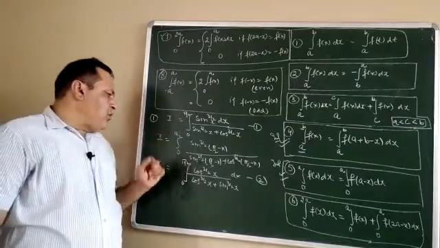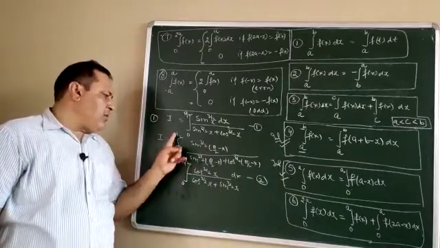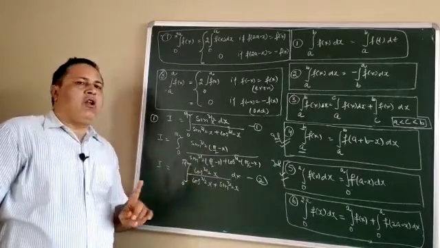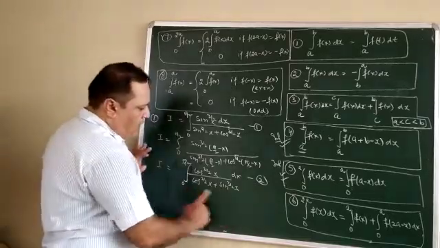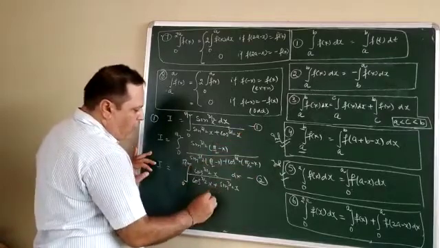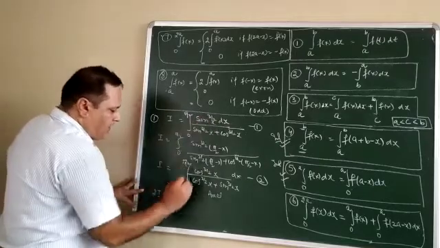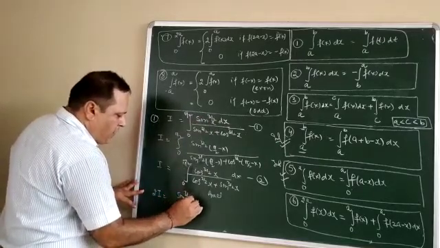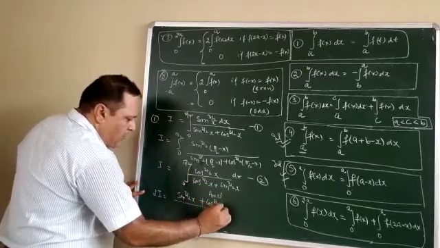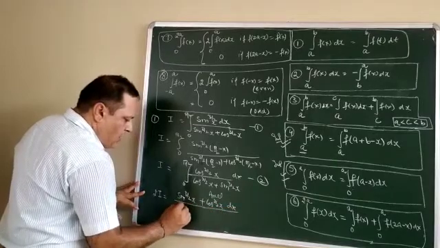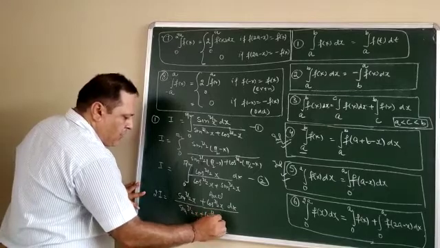Whenever we apply this property from 0 to pi by 2, if the terms occur in the denominator, we check that after applying the property the denominator will not be changed. Only then can this property be applicable. Now see this one, after that adding 1 and 2, I plus I is 2I, it is sine 3 by 2x plus cos 3 by 2x along with dx upon sine 3 by 2x plus cos 3 by 2x.